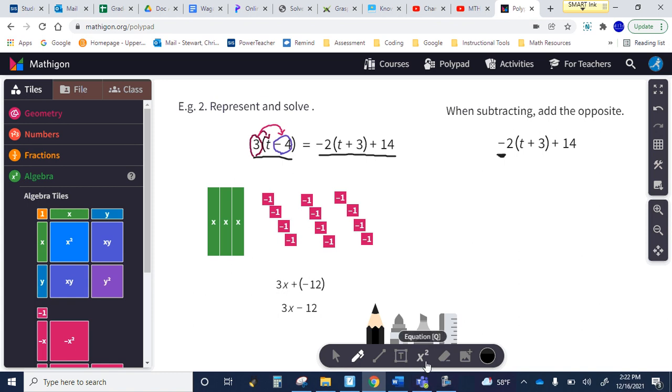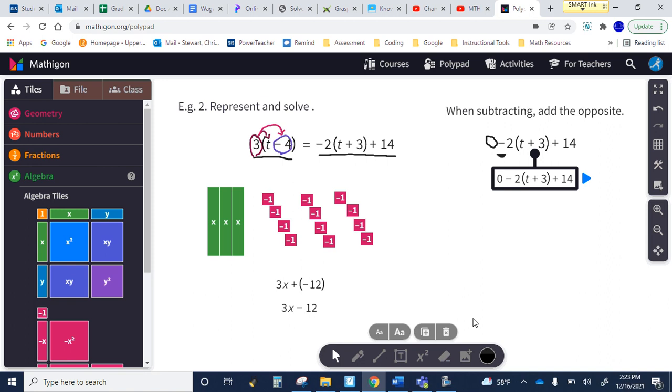Well, there are a couple of ways to look at it. We could say that we are subtracting those 2 groups from, well, nothing. So a 0, take away those 2 groups of t plus 3, plus the 14, is also equal to something else.